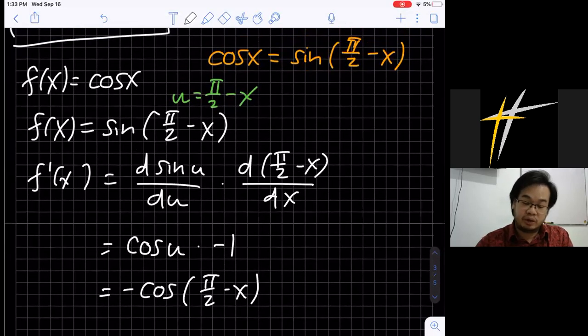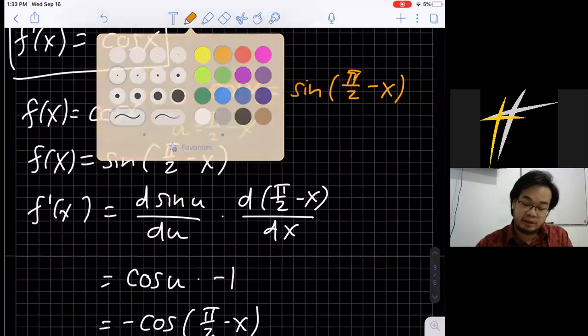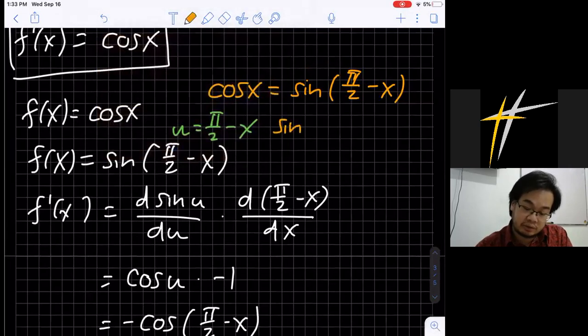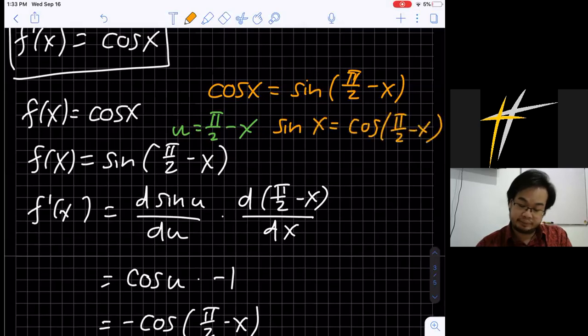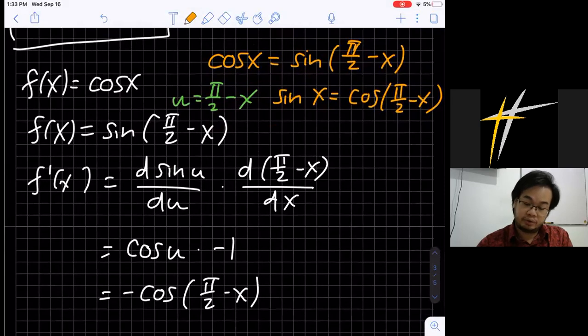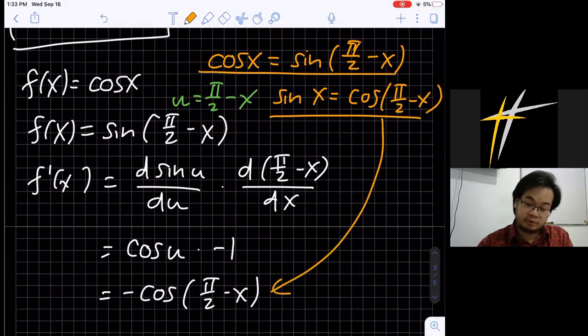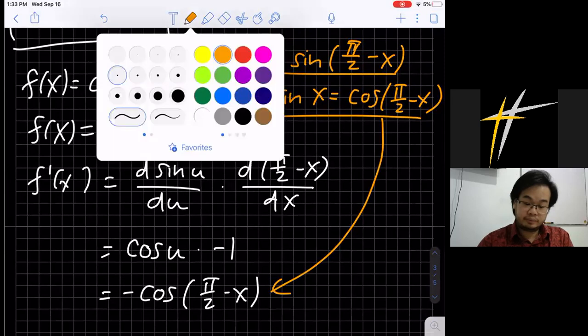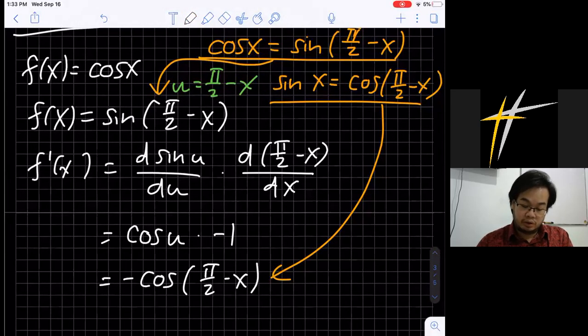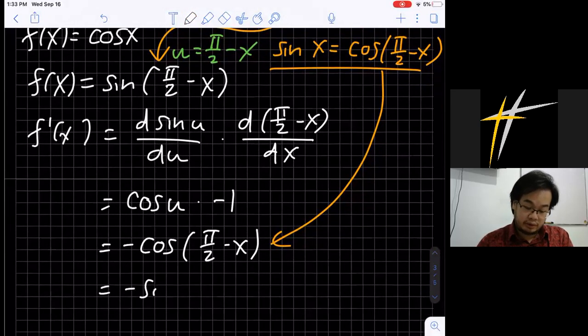And by the trigonometric formula, it's written that sine x is equal to cosine of (pi over 2 minus x). So we use this one for this one. So it is equal to negative sine x.